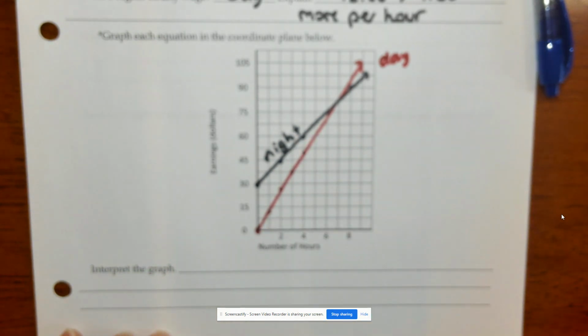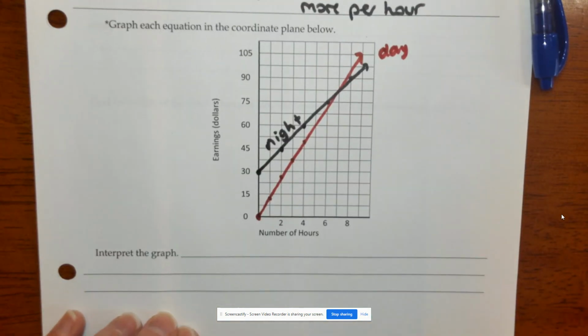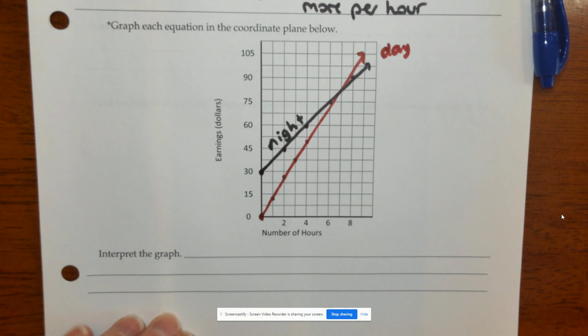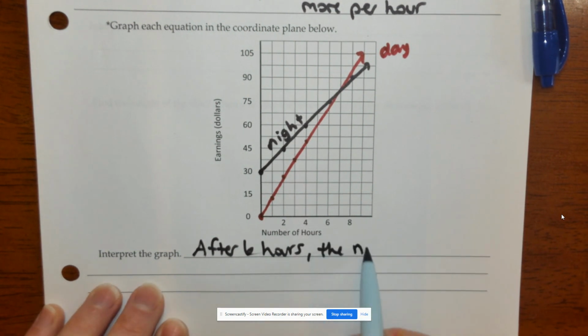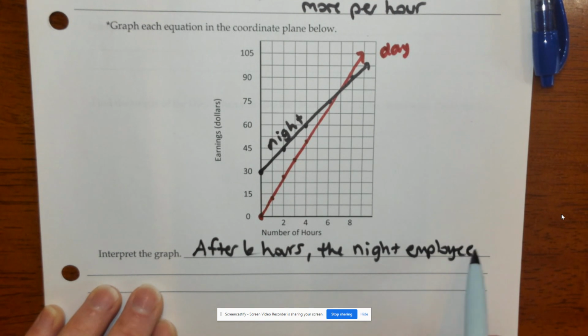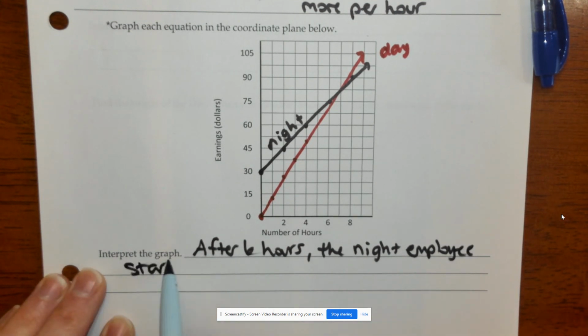Interpret the graph. So what happens is around the 6-hour mark, they are making the same. So if they both work a 6-hour shift, they're both coming out with about the same paycheck. So we would say after 6 hours, the night employee starts making less.